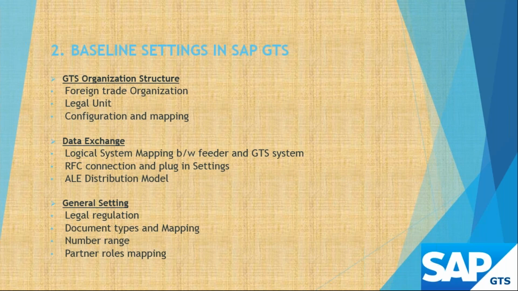Many people don't know about it, so I will cover it because it is a very important thing in GTS, where you don't have to manually add data to the GTS server every time. You have to think of the options we have, or how we can automate things.